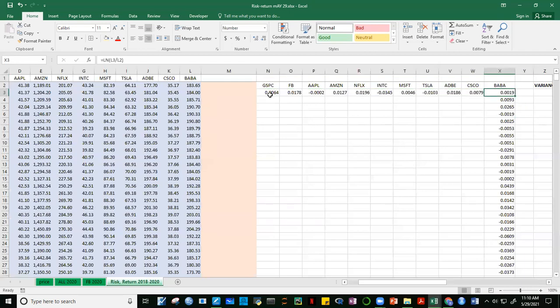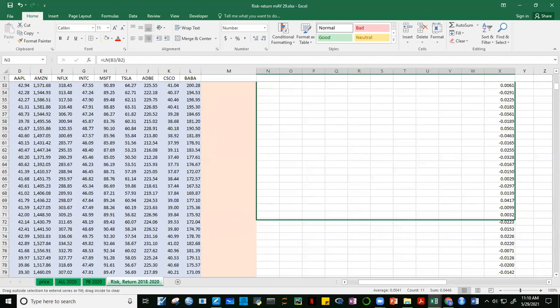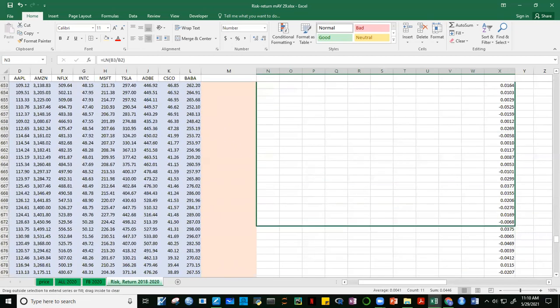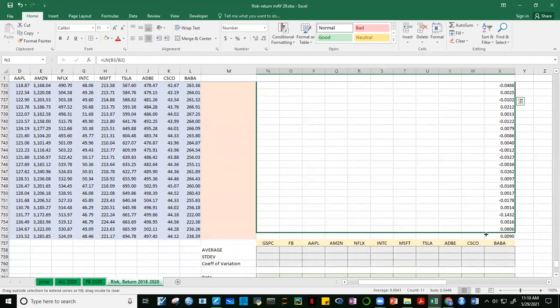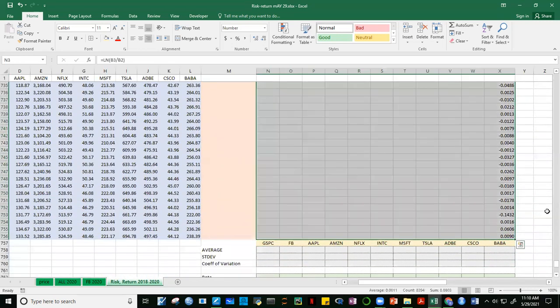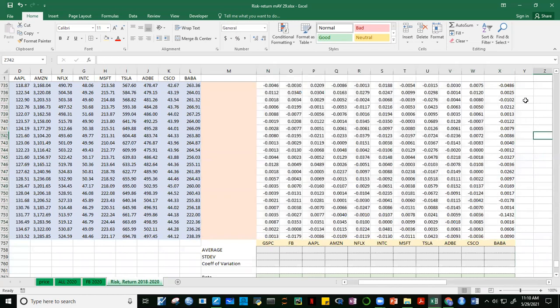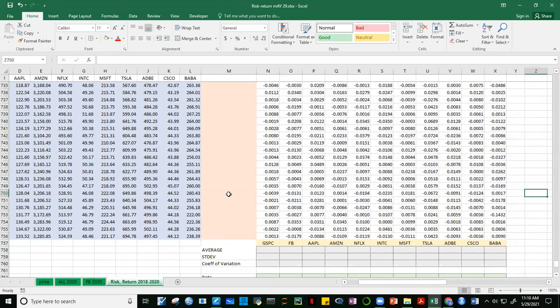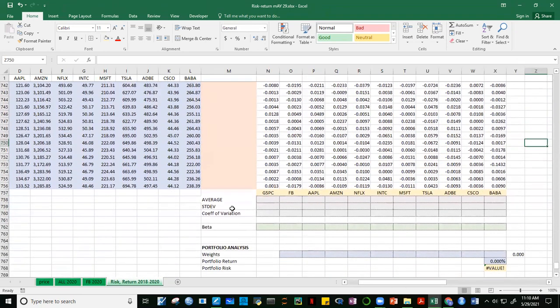Hindi ko yata natanggal yung kay Alibaba, no? And then copy down. Okay. So there. So ito na yung mga log returns natin. So we can now get the average, no?